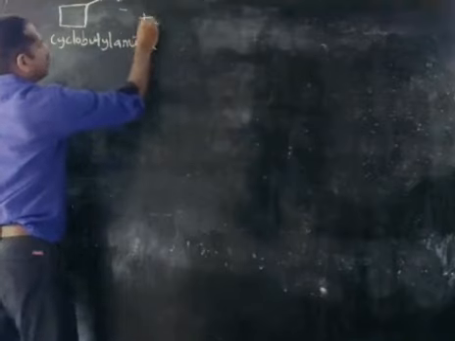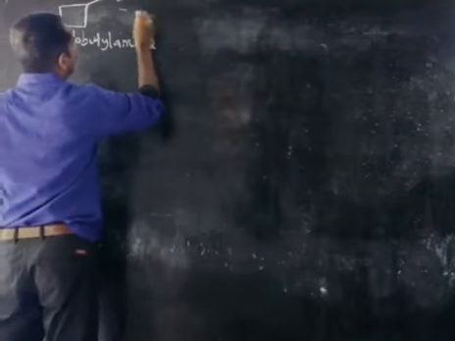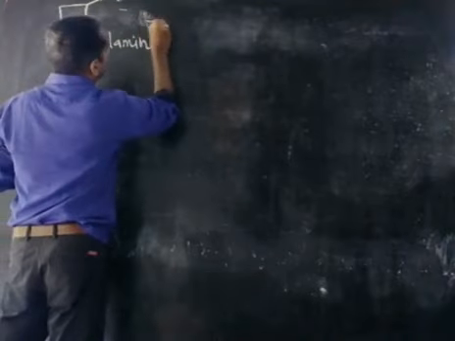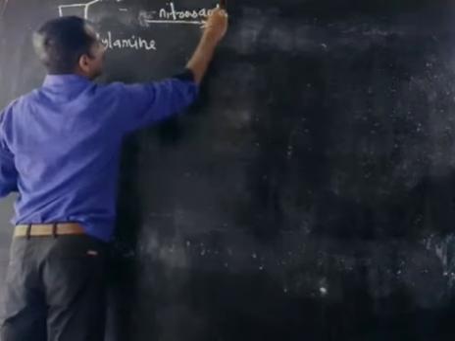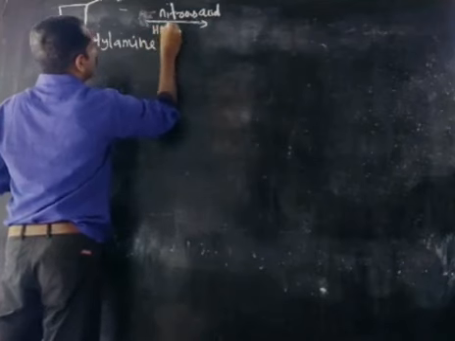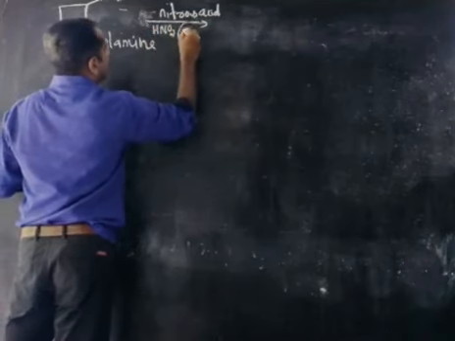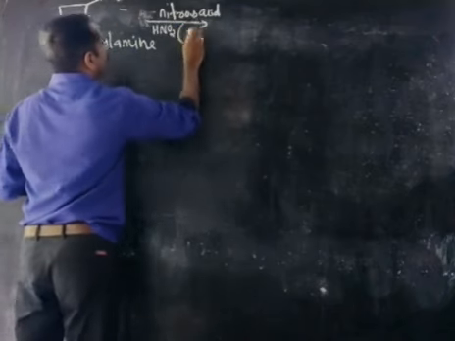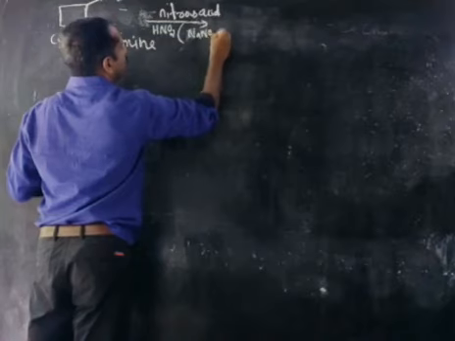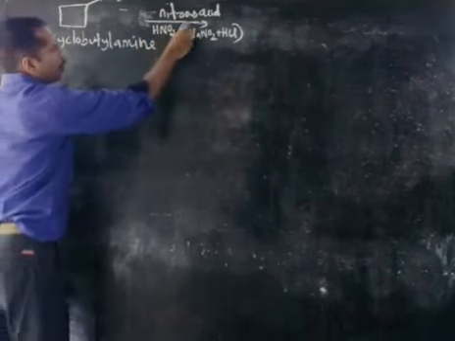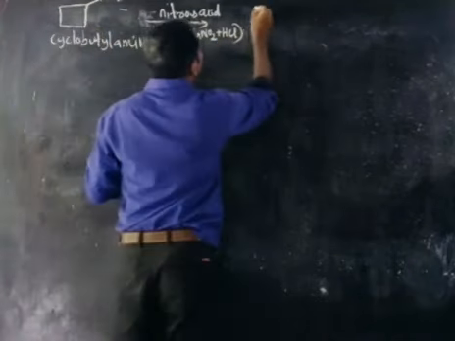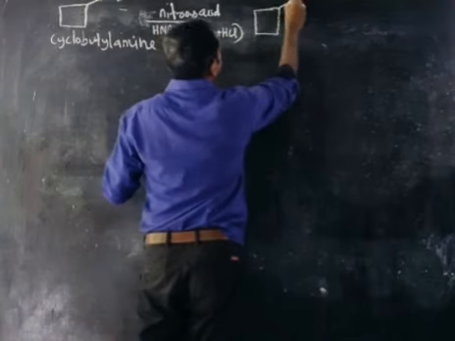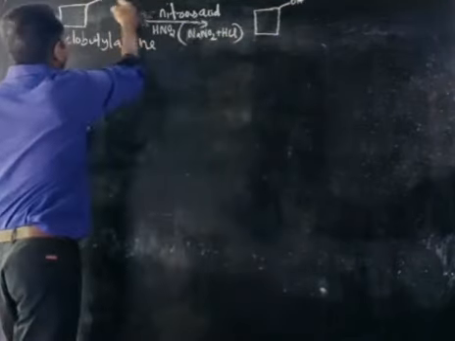When it reacts with nitrous acid, HNO2, or you can write it as NaNO2 and HCl, as you know well, freshly prepared nitrous acid is prepared by NaNO2 plus HCl, and you get this unrearranged product, because NH2 is replaced by OH.